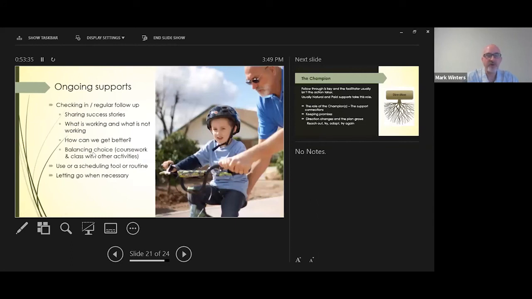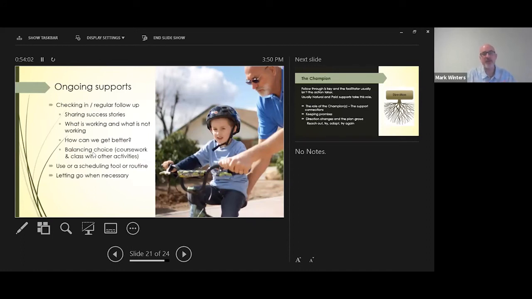As far as ongoing supports, and this image is very, very intentional, right? When I learned how to ride a bike, my father held the seat until it was time to let go of that seat. So we check in as part of the process with facilitation.